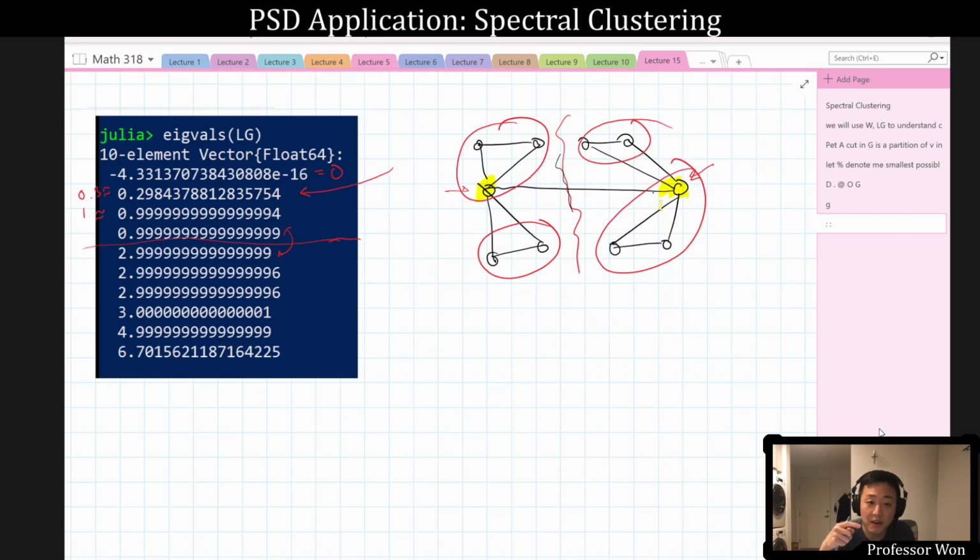Okay, so hopefully this is a convincing illustration that the Laplacian matrix contains a lot of information about the graph. But again, that's kind of tautological because the Laplacian matrix contains all of the information about the graph. But if I just look at the 10 eigenvalues of the graph, it contains some really key information, and you don't need to remember the whole graph.